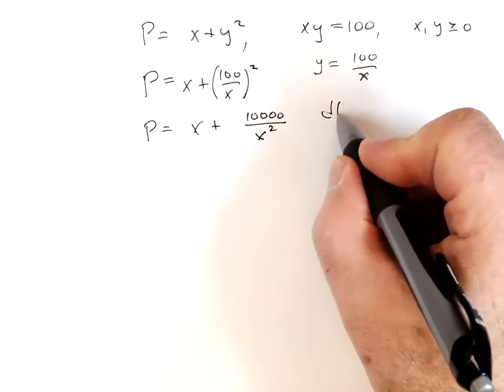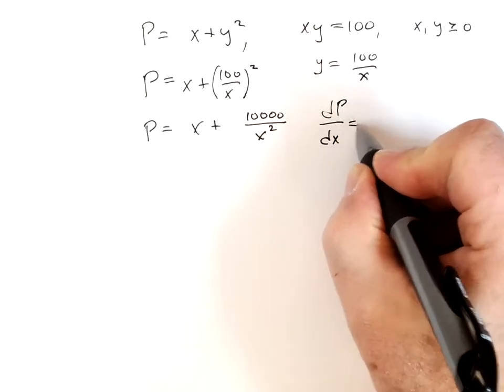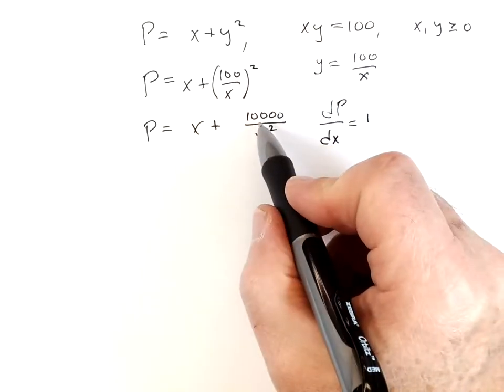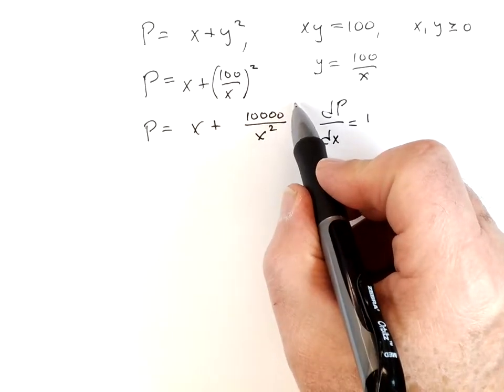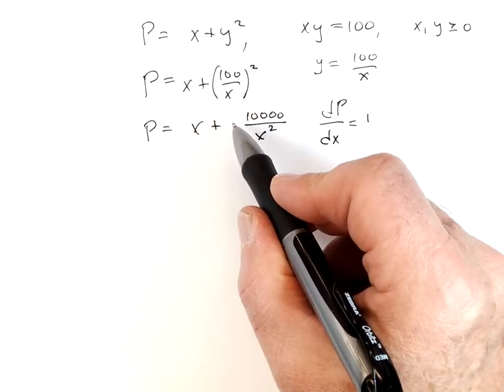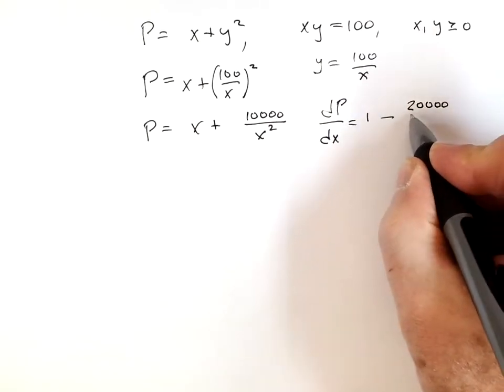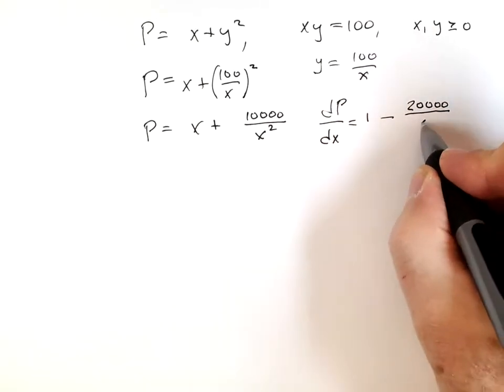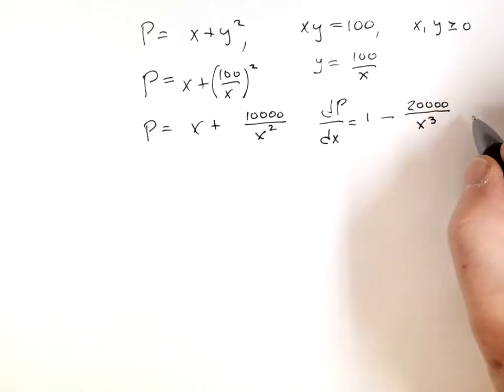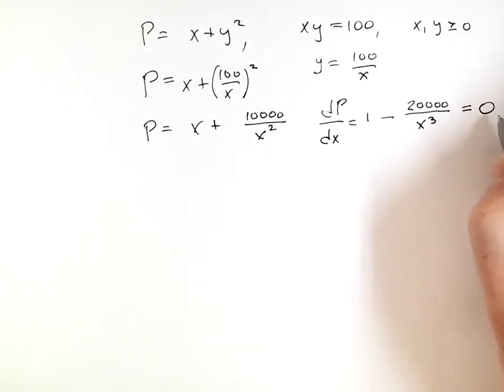The derivative then is 1. Now consider this 10,000 x to the negative second. The negative 2 comes out front, so you get a minus 20,000, just what Trent said, over x cubed. That's what I had. And you're going to set it equal to 0 to find those critical values. That's what I was just staring at.